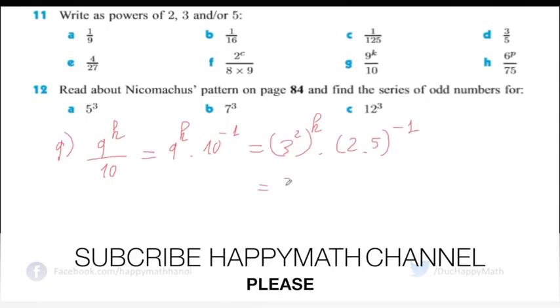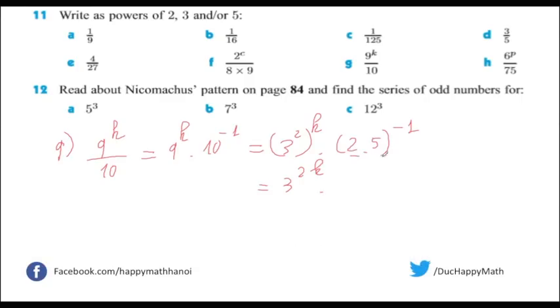Yeah, so simplify here you got 3 to the 2K and apply the negative 1 power to the factor inside the bracket. 2 to the negative 1 times 5 to the negative 1. And H, 6 to the power of P times 75.